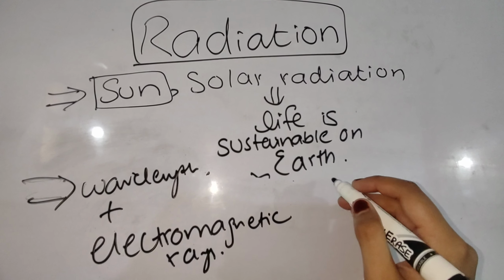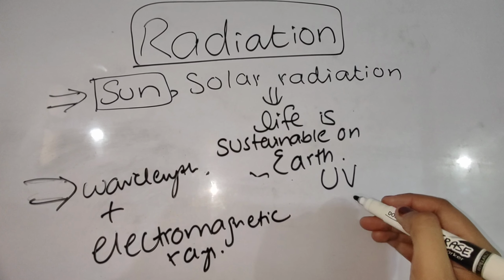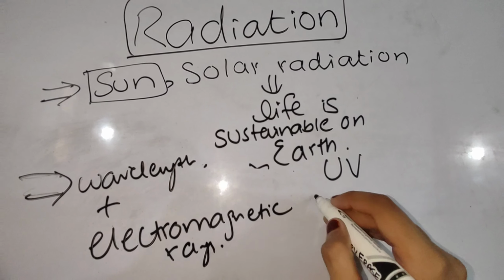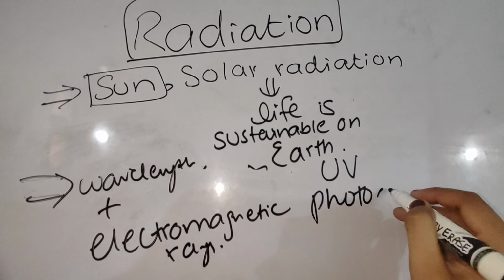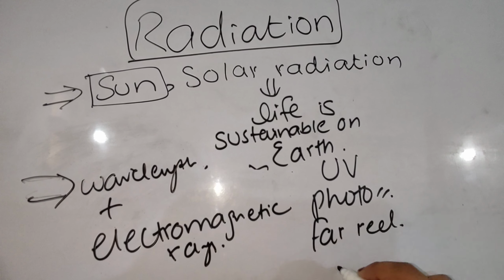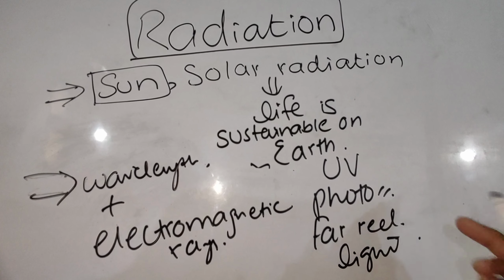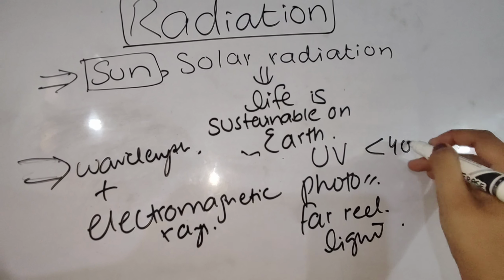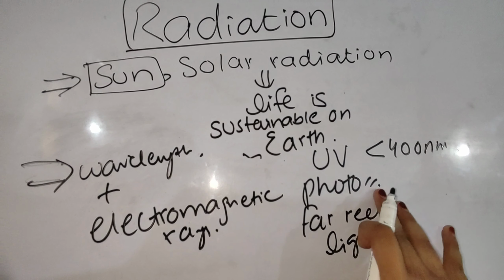First and very common is UV, then photosynthetically active rays, which cause photosynthesis, and also far-red light. UV rays are roughly less than 400 nanometers.